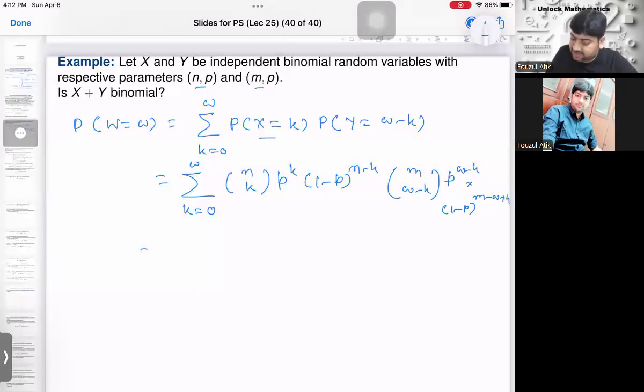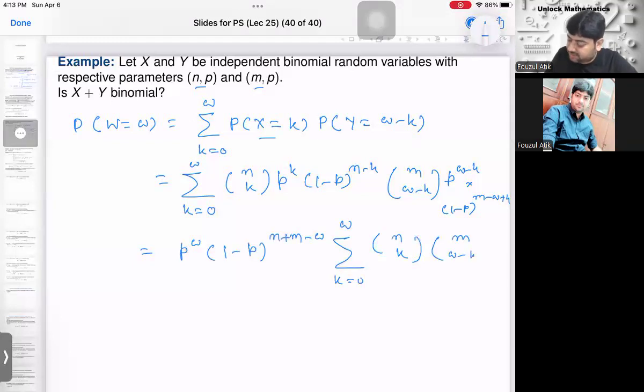If you simplify it, I am taking some term outside the summation because that does not depend on the summation. So you will get (1 minus p) whole to the power n plus m minus w, and then the summation over k equal to 0 to w of nCk into mC(w minus k).